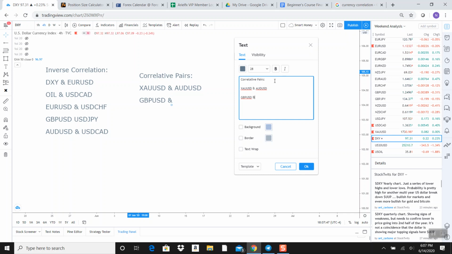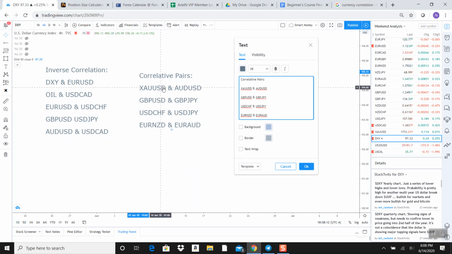GBP USD and GBP JPY. USD Swiss franc and USD JPY. Finally, Euro NZD and Euro AUD. These are the biggest pairs that have the most correlation between one another.